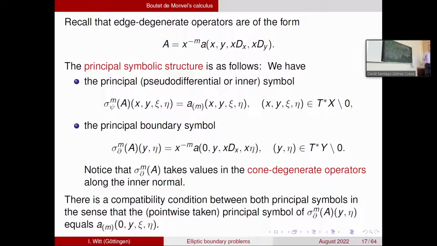Now comes the important thing. If we have cone-degenerate operators, we have so-called conormal symbols. The conormal symbols control the way in which asymptotics are mapped. I give you a certain asymptotic expansion, I know the conormal symbols, and I can tell you what you get after you let this operator act.